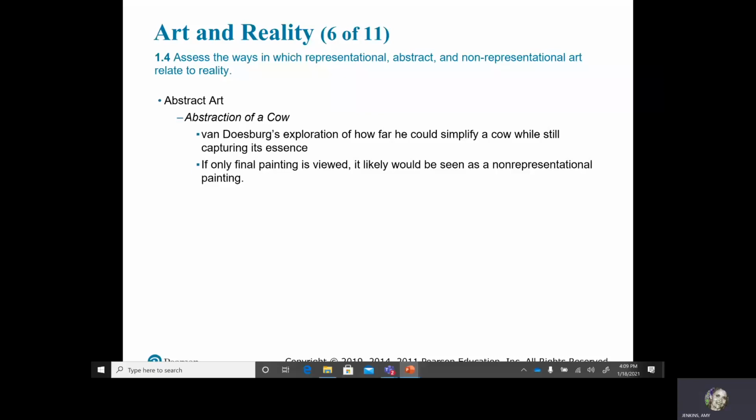Abstract art. Abstraction of a cow. We have Van Doesburg's exploration of how far he could simplify a cow while still capturing its essence. If only the final painting is viewed, you would think that it was representational. I'll show you.